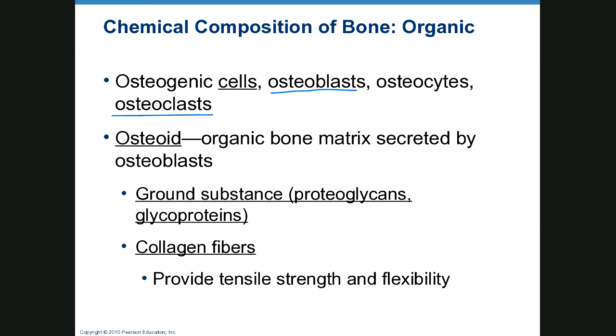Osteogenic cells are the stem cells that all bone cells come from. And then the mature bone cells are the osteocytes. The osteoid is the organic bone matrix, and it's secreted by osteoblasts, and it has a ground substance made of proteoglycans and glycoproteins, as well as collagen fibers that give strength and flexibility.